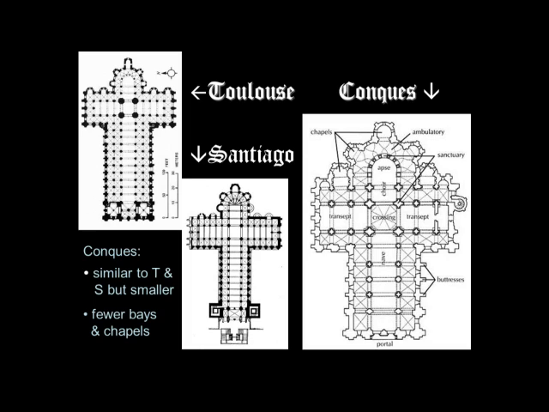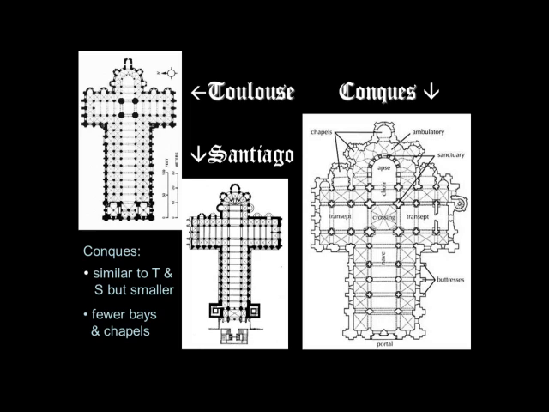At Santiago and at Toulouse, you have 5 radiating chapels from the ambulatory, and then the 4 chapels on the transept. At Conques, that's reduced. There's 3 radiating chapels radiating from the ambulatory, and 2, one on either side of the transept. And also you can see that there are fewer bays or sections.